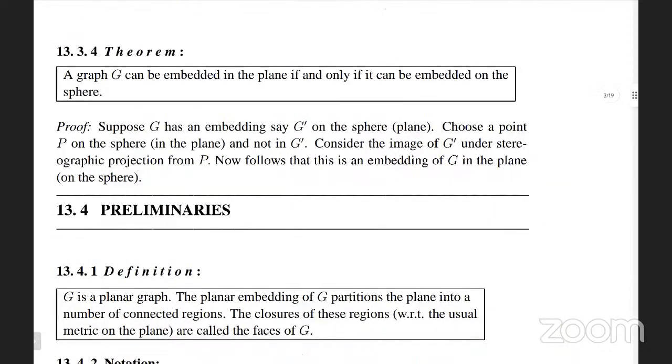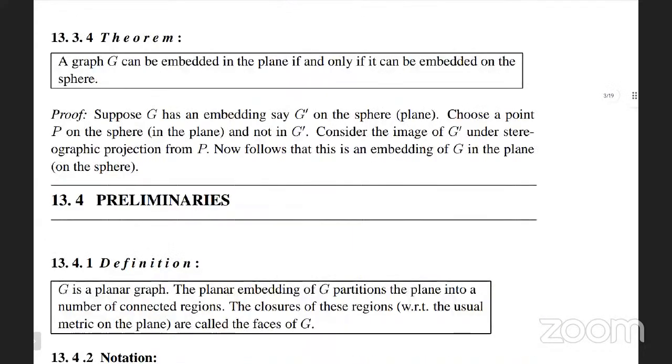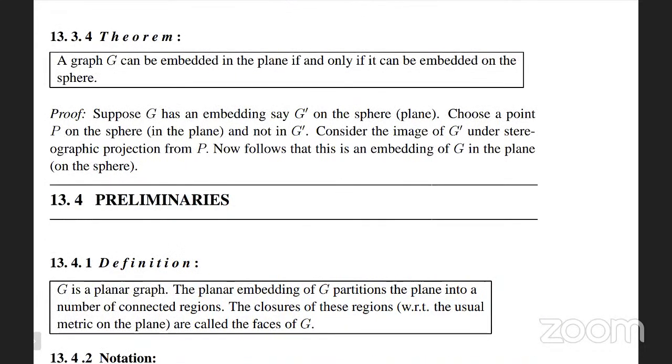Next, a graph G can be embedded in the plane if and only if it can also be embedded on the sphere. What are a sphere and a plane? A plane means x, y, z dimensions. When we take one point of observation, that comes to the plane, and those point connections appear in the plane as the graph.